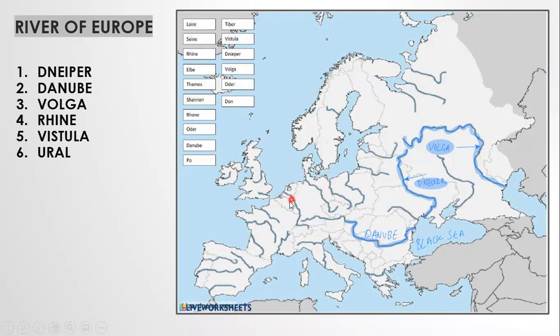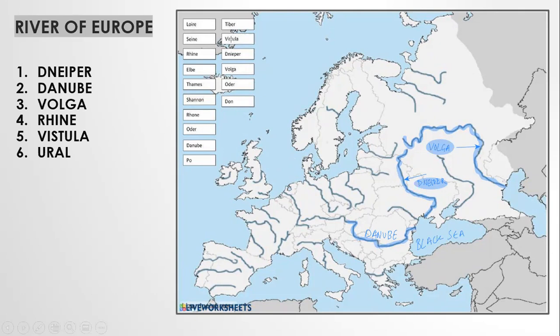So 1, 2, 3. Just see, this is Italy, and the river which is straight away to the middle one is the Rhine River, falling into North Sea.